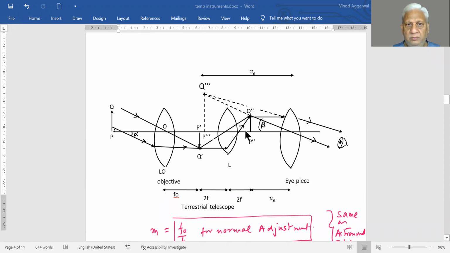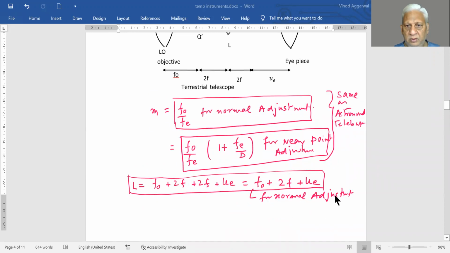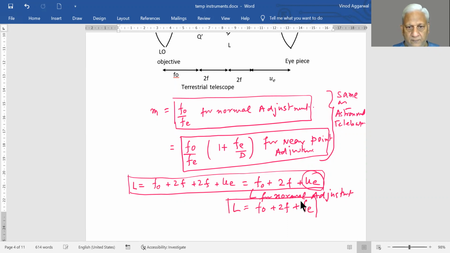And if this UE becomes equal to the focal length of this eyepiece, then the rays will become parallel and image will be formed at infinity for a normal adjustment. So instead of UE, we can take FE as the focal length. So this is for normal adjustment.